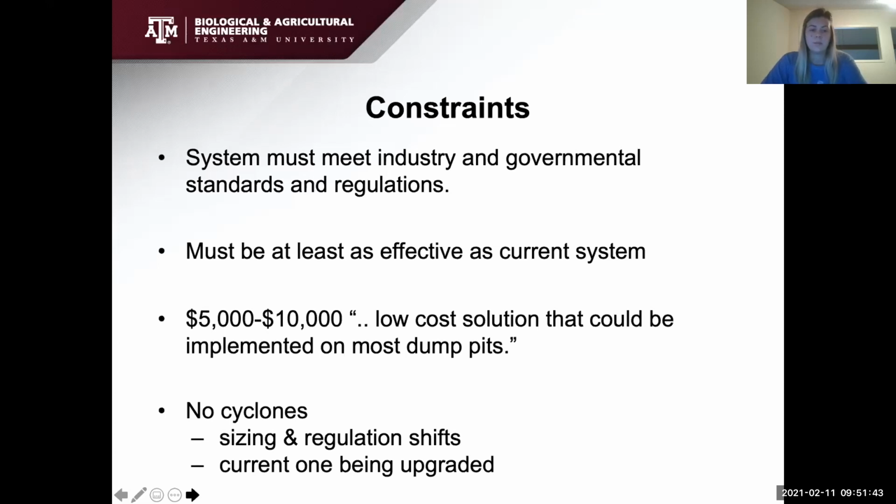Considering that their sizing and these regulations are constantly changing, they don't think that's financially feasible to move forward with. So we're scratching that off our list already.